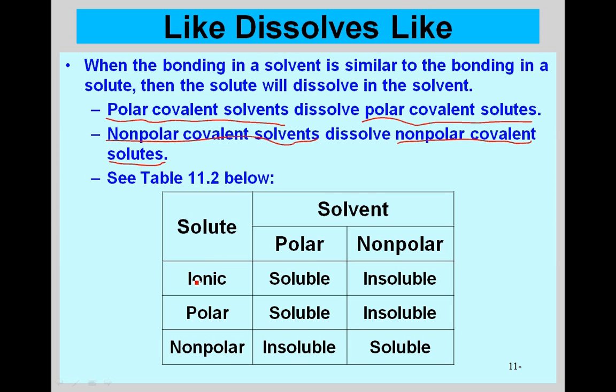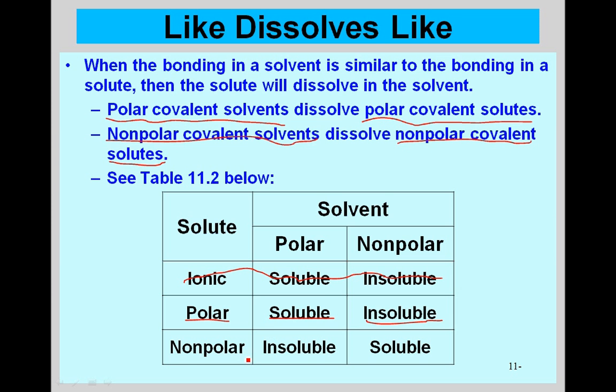And this is all your chart is saying here. If I have an ionic solute, we'll just not look at that because it will just mess us up. But if I have a polar solute, meaning some type of polar crystal structure, it will be soluble, able to dissolve in a polar solvent or liquid, but it will not be able to dissolve in a nonpolar liquid, so it's insoluble.